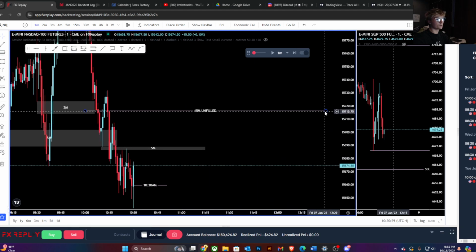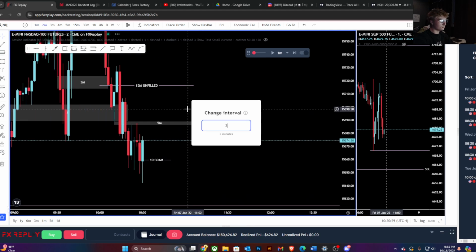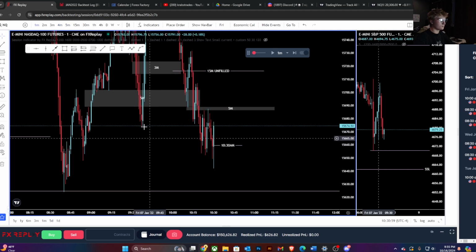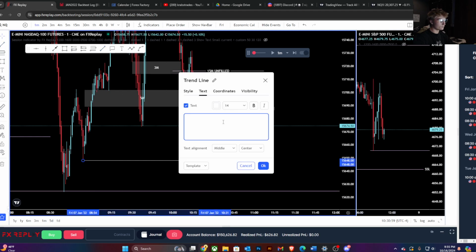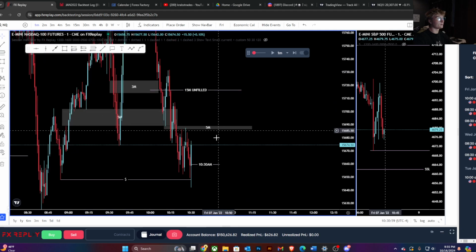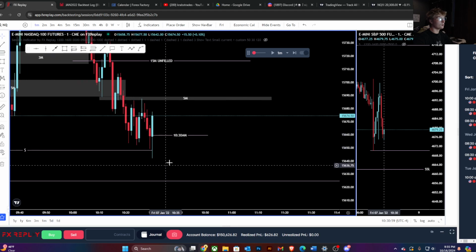However, this does look pretty mechanical. Did take out this low as well. Deep in discount, unfilled 15, 10:30 open low.